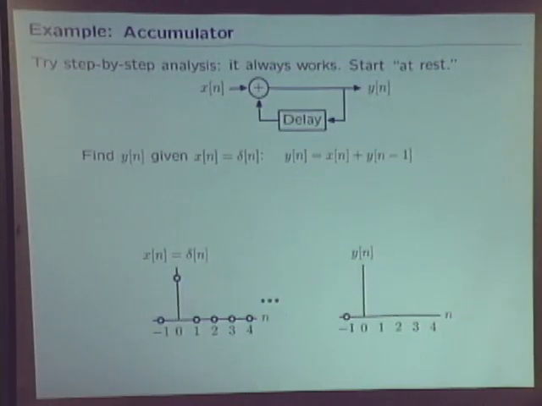So let's just think about how signals would propagate through this system. Think about this as a sample by sample block diagram system. Say that it starts at rest, so the output before any inputs come in has to be 0 because the initial condition was that delays were all 0.